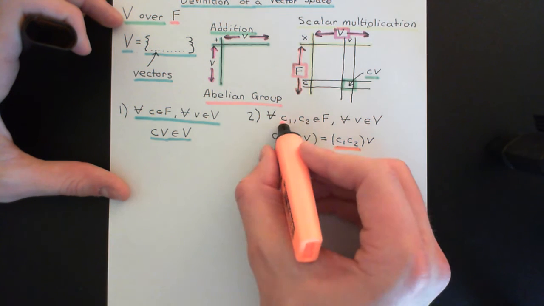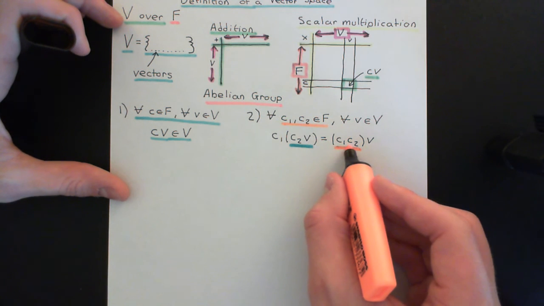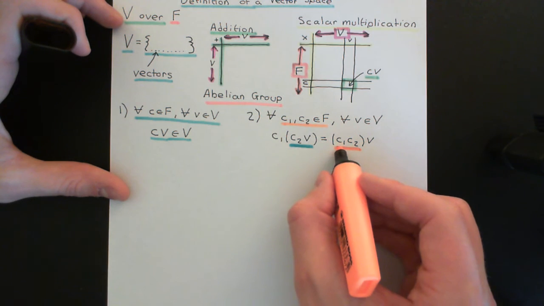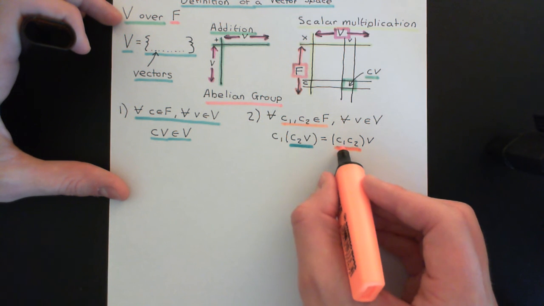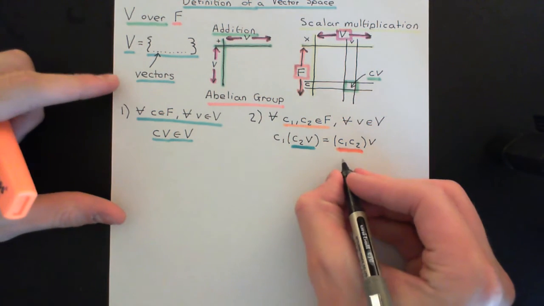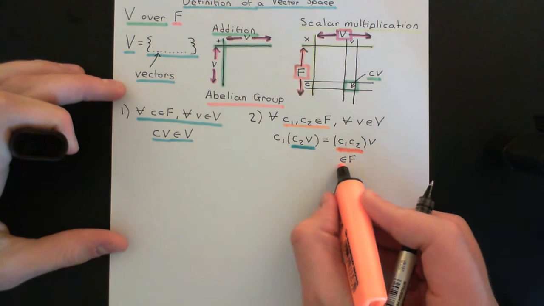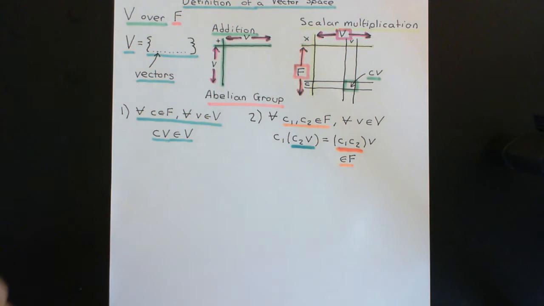The field has a multiplication law defined on it. You can multiply these two elements of the field together, and then take whatever answer, which will be another element of the field, capital F, and use that to then scalar multiply the element v.